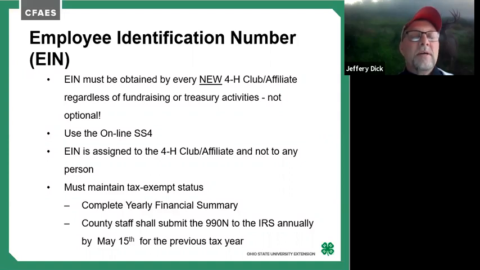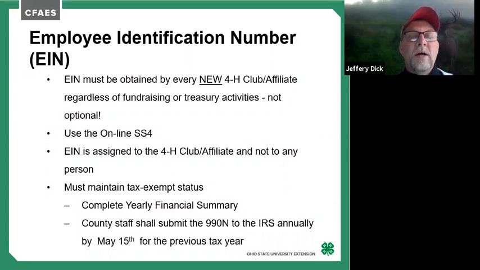So any of these clubs or affiliates being newly formed must have an EIN number, and of course all of those that are already in process should also have an EIN number. Regardless of whether they fundraise or not, they are expected to have an EIN number.